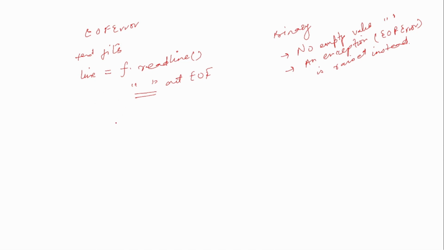So for example, when we say f = open of sample.txt, opening it in read mode, we say while True. So this is our loop, and we read it using line = f.readline().